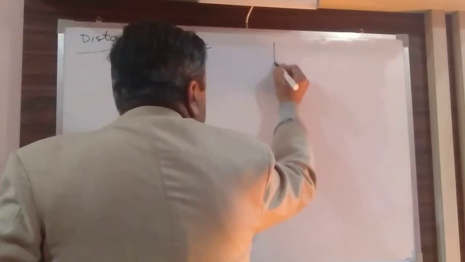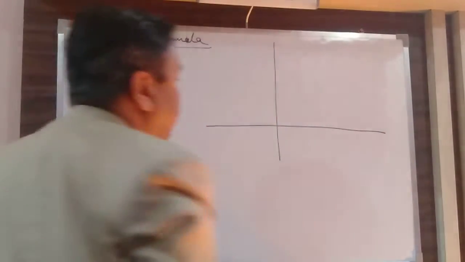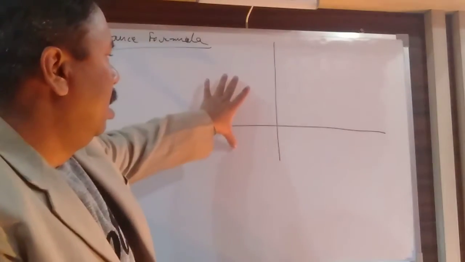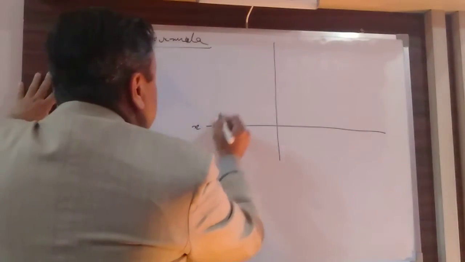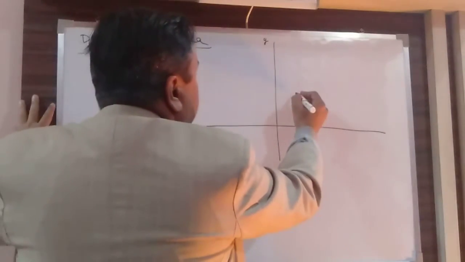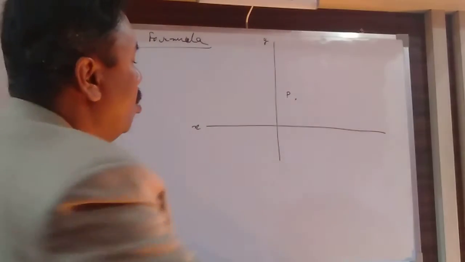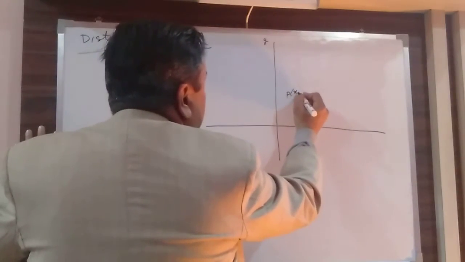Suppose that I have got this is x-axis and this is y-axis, and now on this I get one point P whose coordinates are x1, y1.